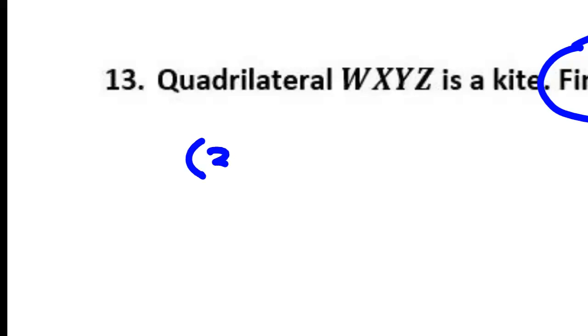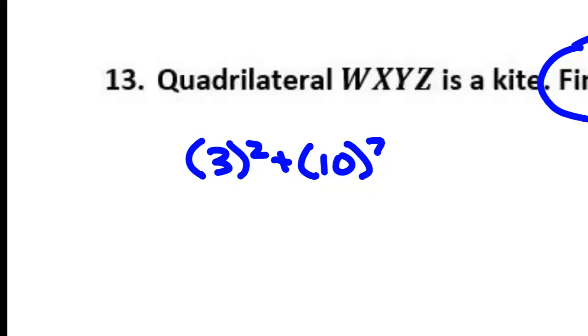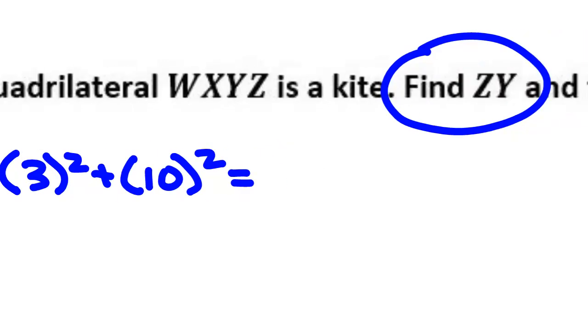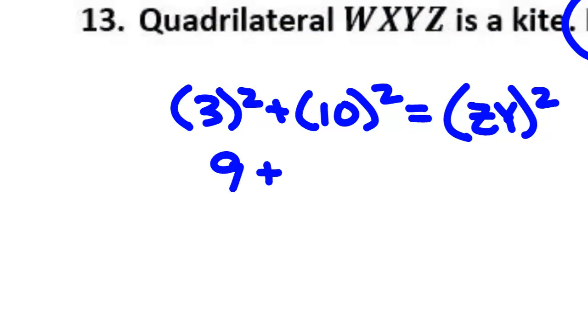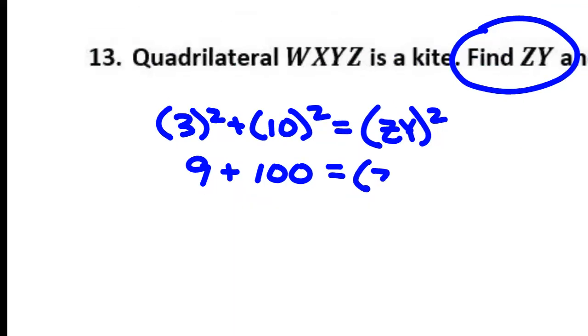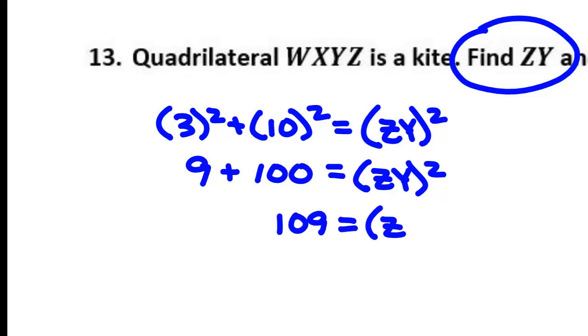So we would do 3 squared plus 10 squared is equal to ZY squared. 3 squared is 9. 10 squared is 100. So we would have 109 is equal to ZY squared. And then when you square root both sides, that's where we get the 10.44 from.